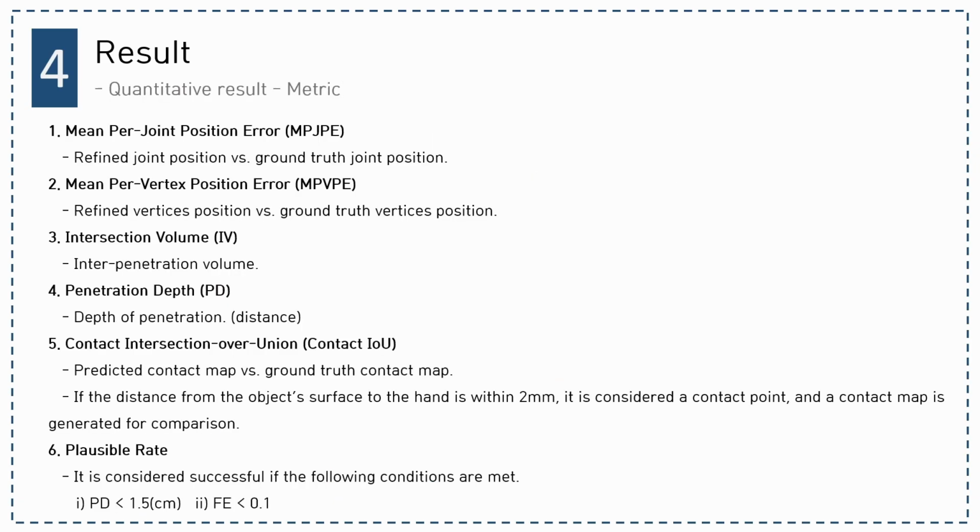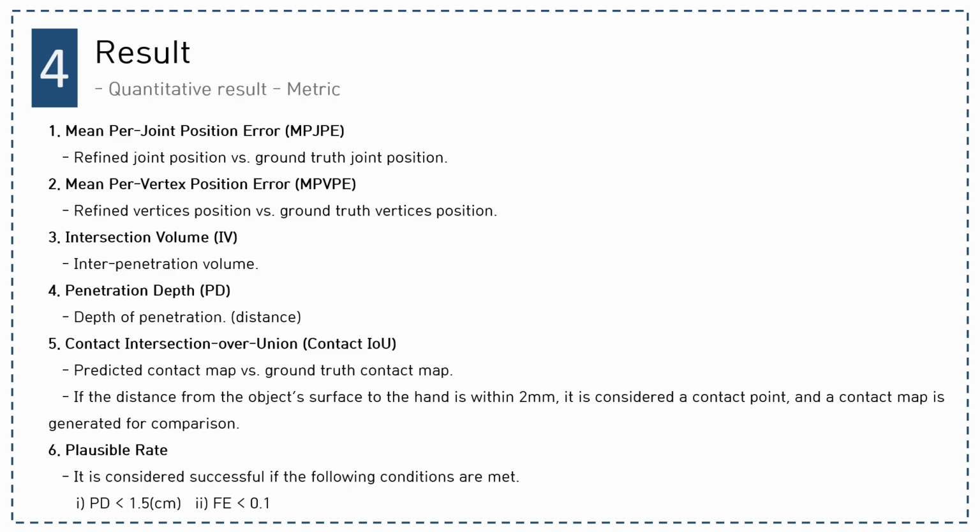The paper also conducted quantitative comparisons. MPJPE and MPVPE represent the differences in hand joint and vertex positions between the refined data and ground truth data. IV is the volume of penetration. PD is the sum of penetration distances, and contact IOU compares contact maps.